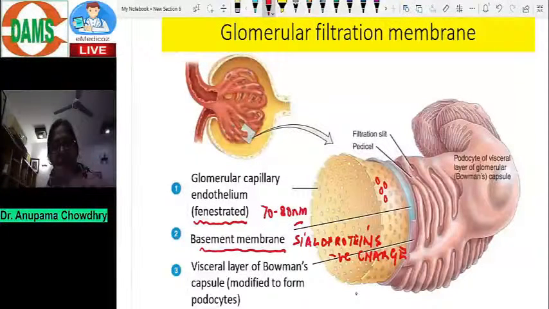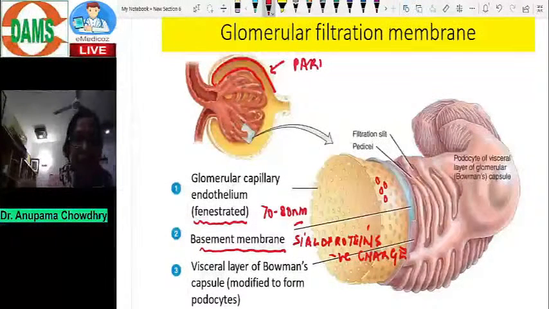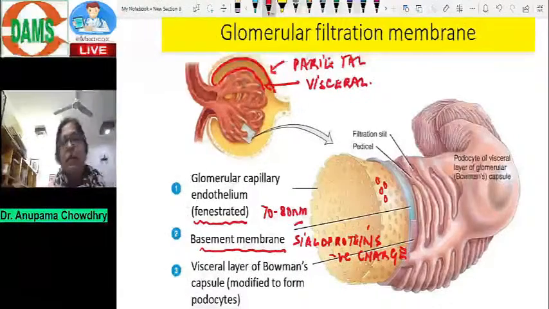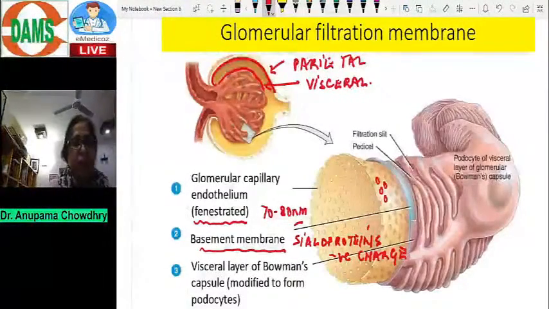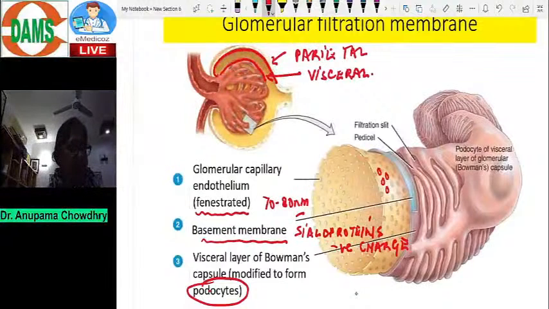Now the third layer is the visceral layer of the Bowman's capsule. The Bowman's capsule has a parietal layer, and it also has a visceral layer. This visceral layer of the Bowman's capsule is modified to form podocytes. What are these podocytes?